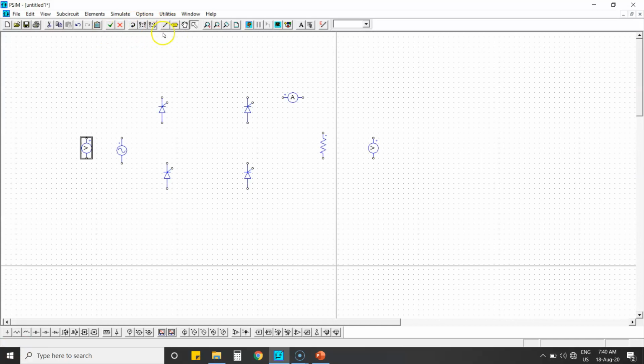Now use the connection wire. Just use this to connect the components. First thyristor. Make sure it is connected to this thyristor also.